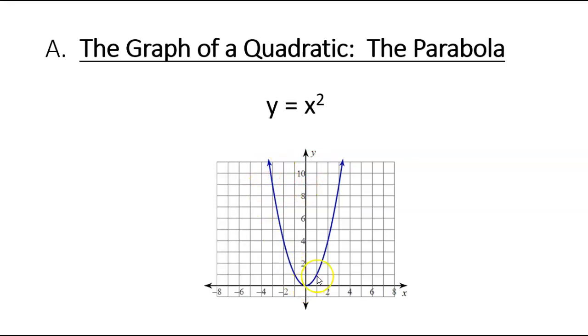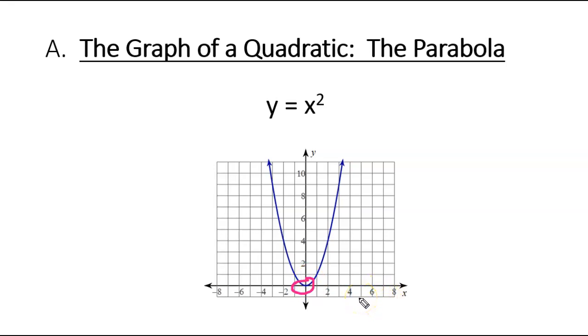It looks like this. It's kind of a U shape. It's called a parabola. So that's what the graph looks like. Now, the lowest point on the graph is called the vertex.